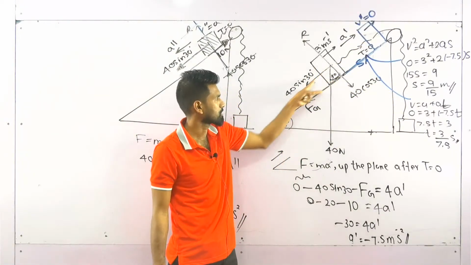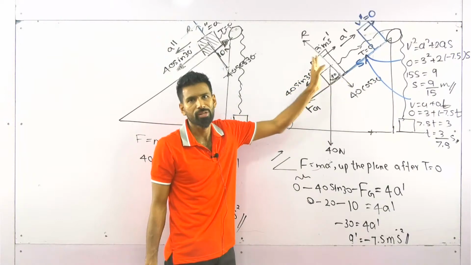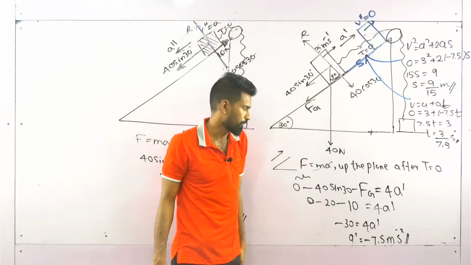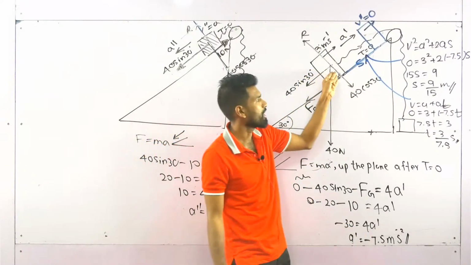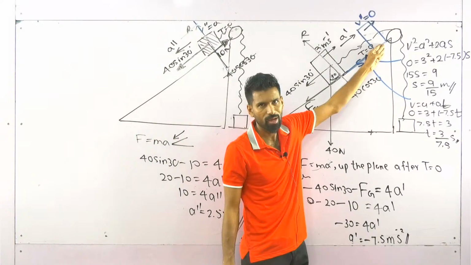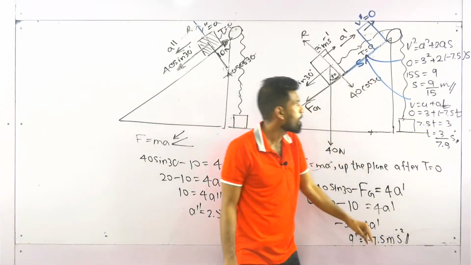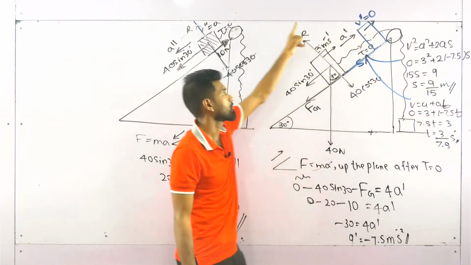As the other two forces are remaining, it got a deceleration up the plane from the point where the string lost the tension. It was a minus 7.5 value. With that value, it moved another 9/15 meter length up in a time 3/7.5, and its velocity became 0. Now I'm moving to this picture.